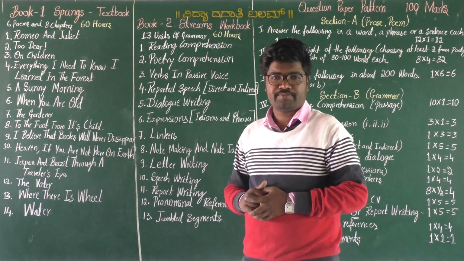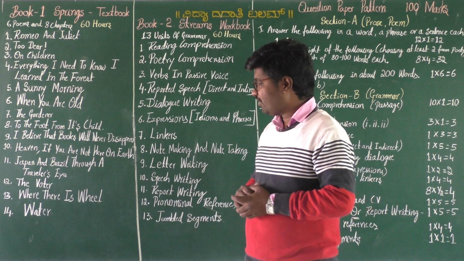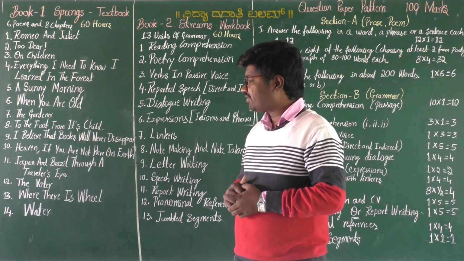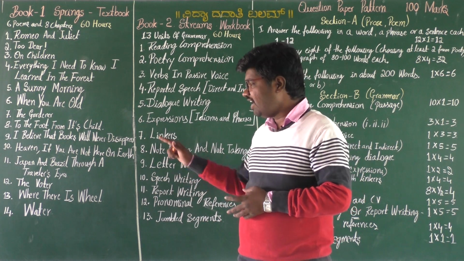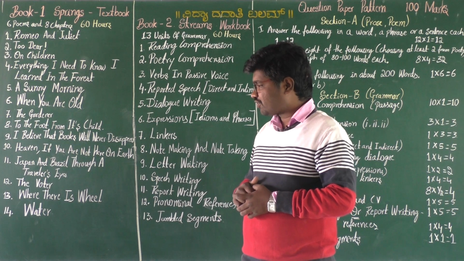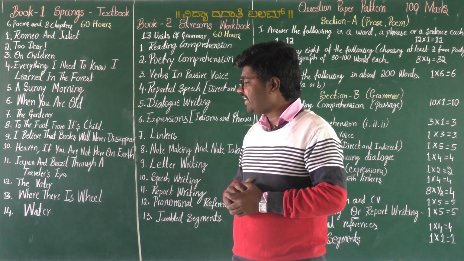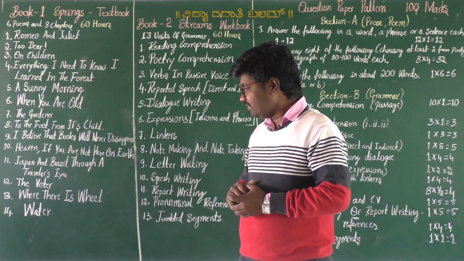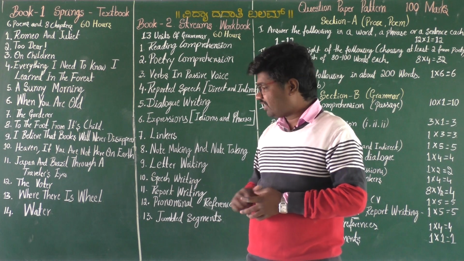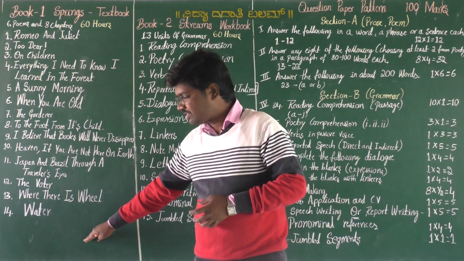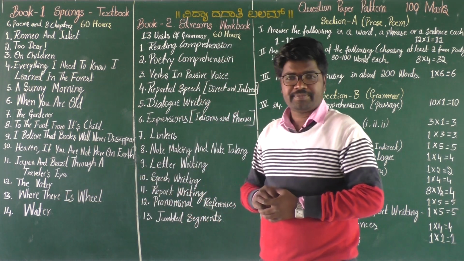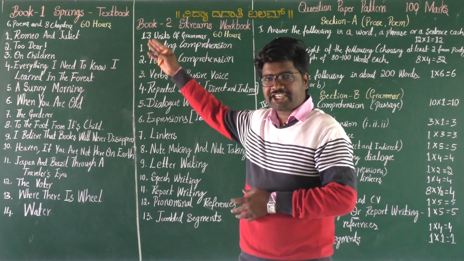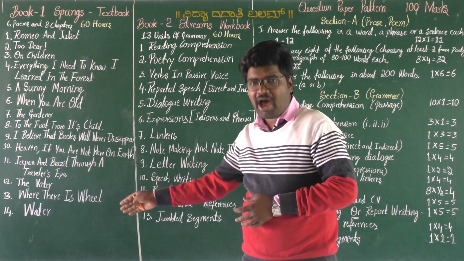This is a travelogue. Then the 12th one you have is The Voter, a political allegory, the story. Then the 13th one, Where There Is a Wheel, is a lesson. And the 14th, that is the last, the poem you have, Water. These all come under Springs, the textbook, coursebook or literature part.